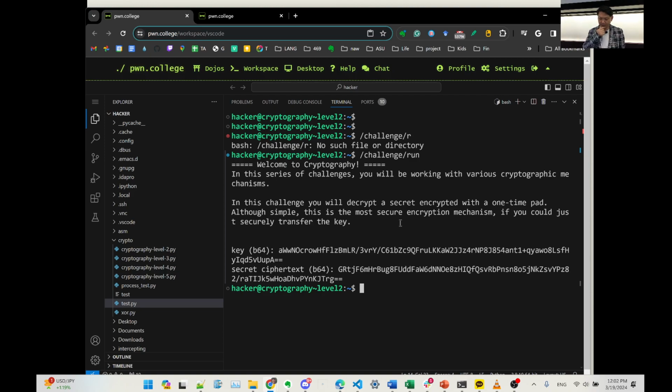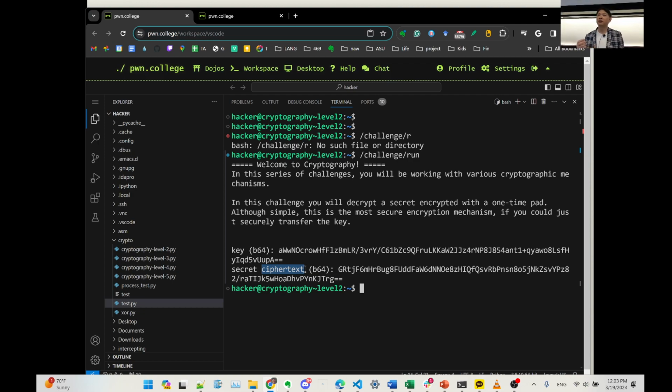That's the reason why we use the XOR operation in the one-time pad. So here, as you can see, they provide the key, already base64 encoded, and they also give us the ciphertext, right? That means based on these two factors, key and ciphertext, we can get the plain text. How to do that? We have to XOR between these two, the key and the secret.